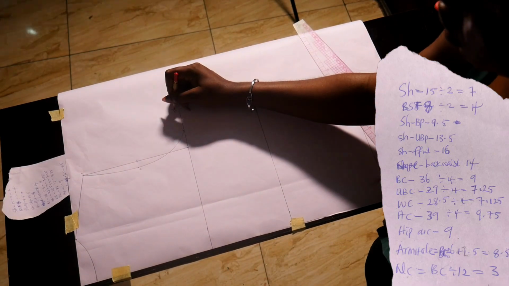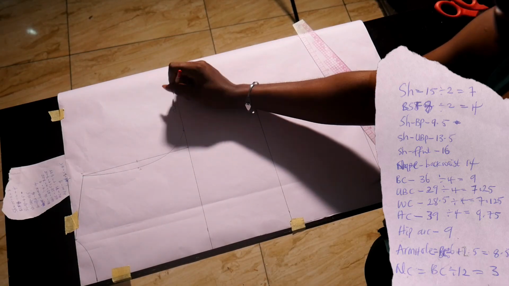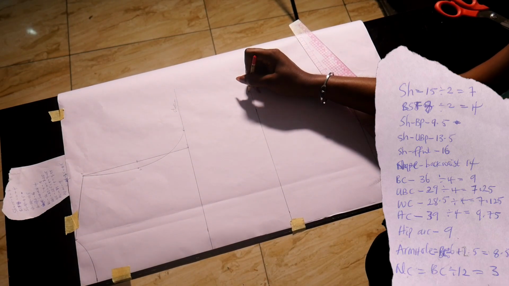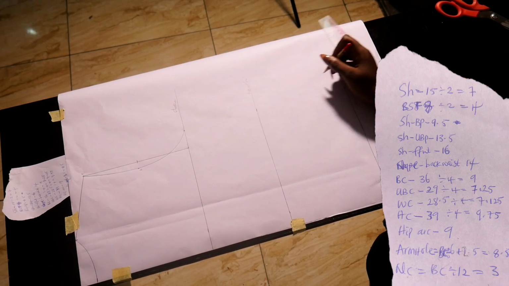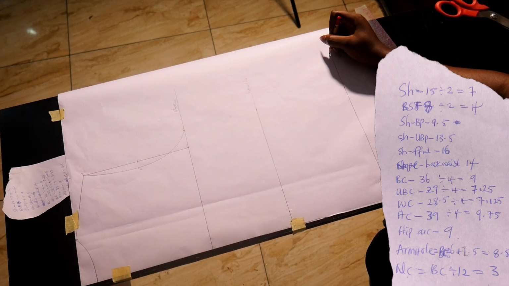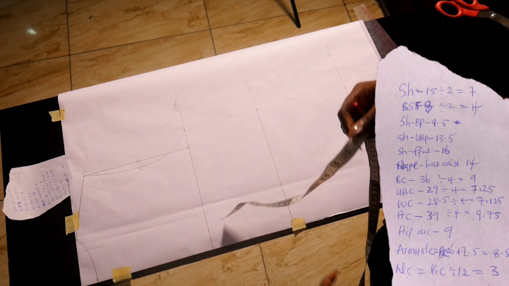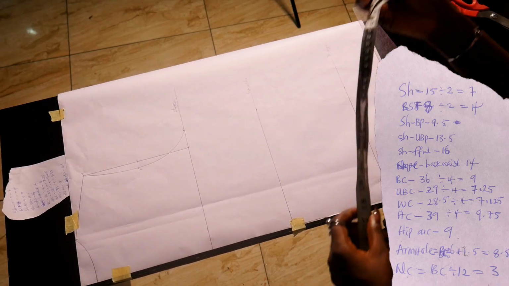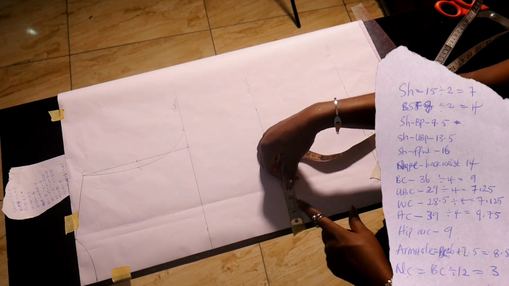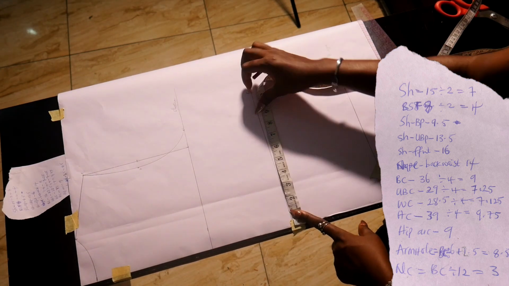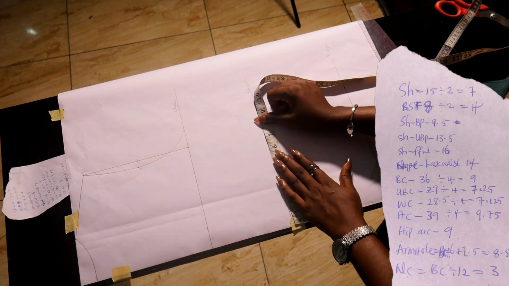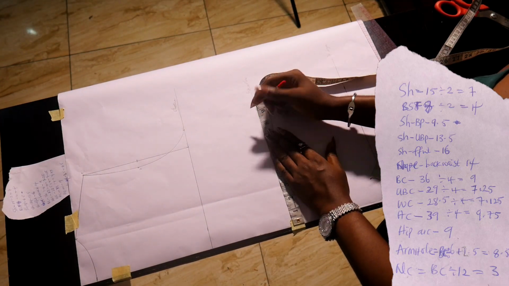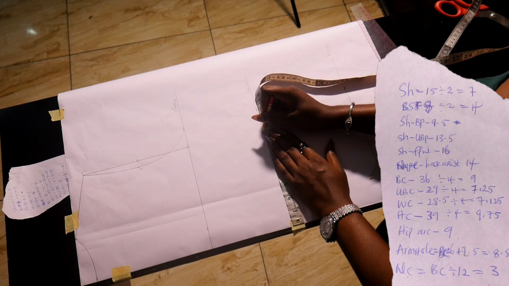So your chest line, your back waistline, and then your top length. Now I'm going to apply my waist measurement divided by 4 on my back block. Waist measurement divided by 4 is 7.125.